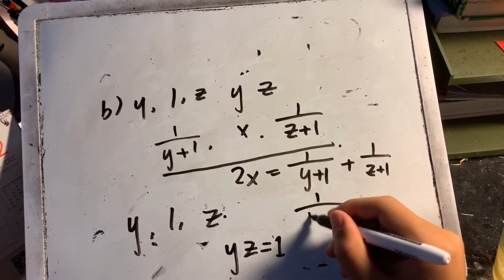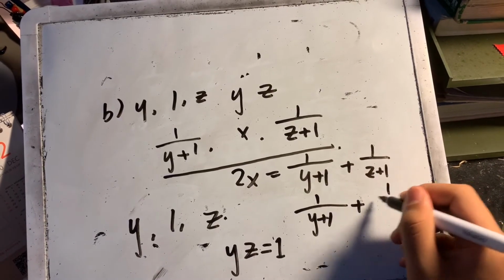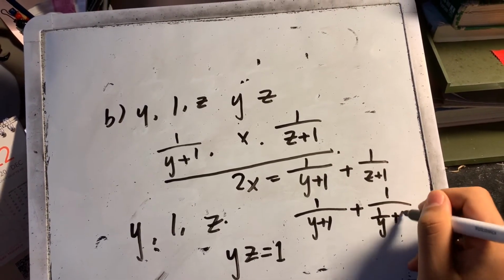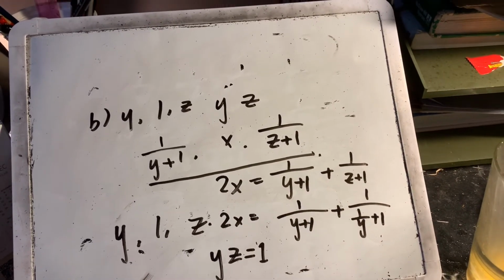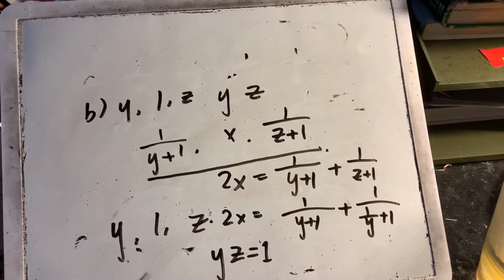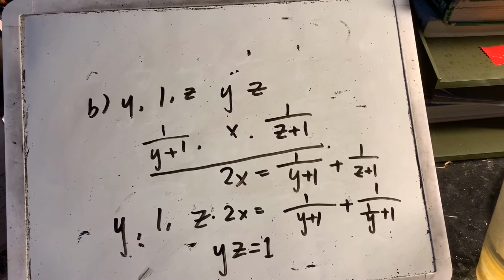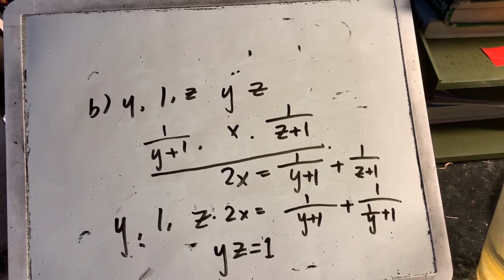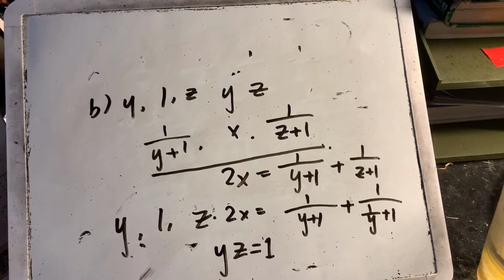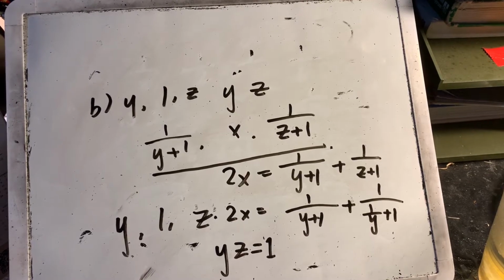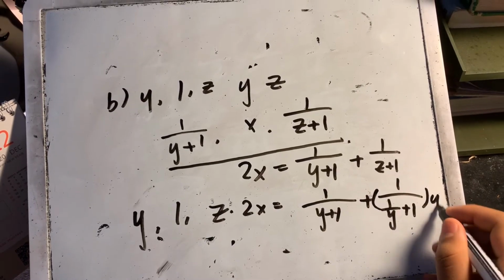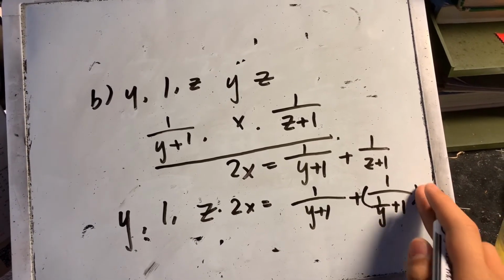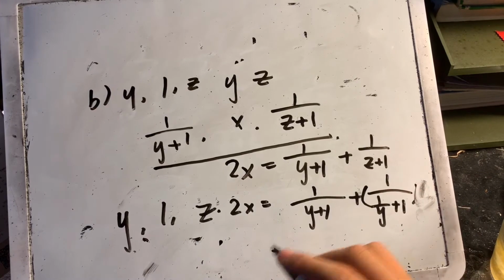So this means we can then draw a conclusion that it should look like this. To solve this, we multiply both sides of it by y.